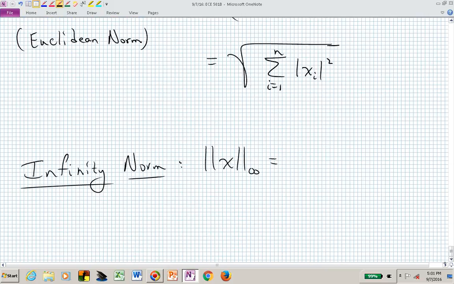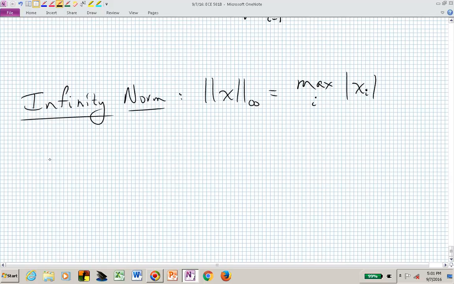So the infinity norm is really just taking the maximum coordinate, the coordinate that has the largest magnitude. That's the infinity norm. So those are some definitions of norms.